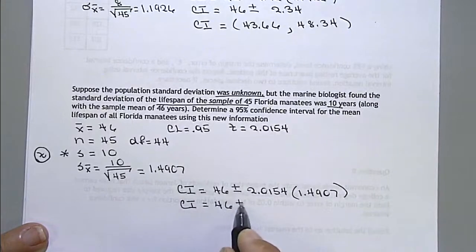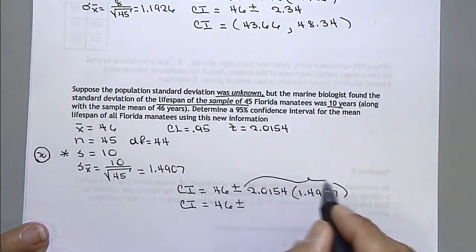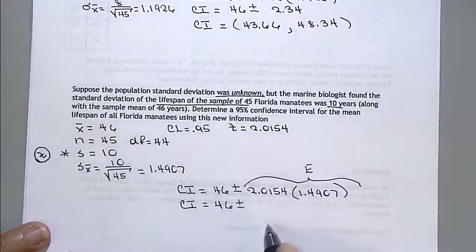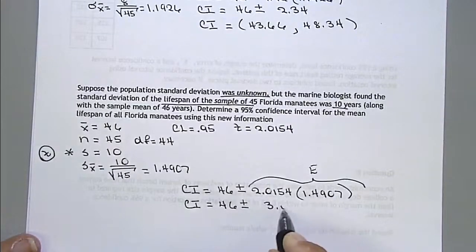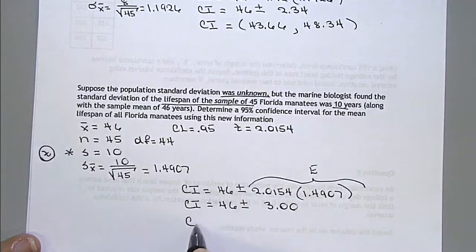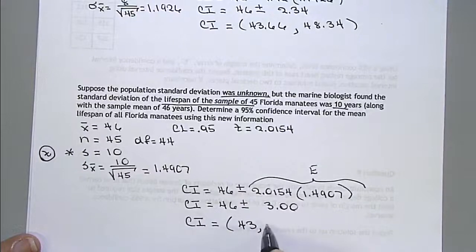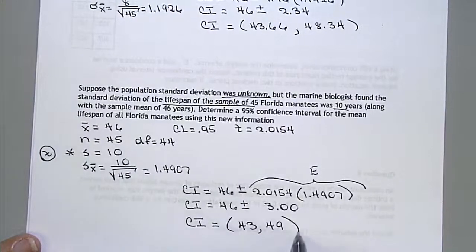Okay, so this comes out to be 46 plus or minus. Now this is our margin of error, okay? It's still the same. It's still the margin of error. And when I did this one, I got 3. Hopefully I did that right. So I have a confidence interval of 46 minus 3, which would be 43, 46 plus 3, which would be 49, right?